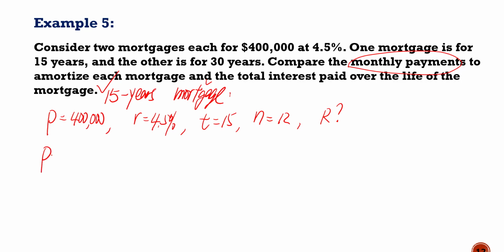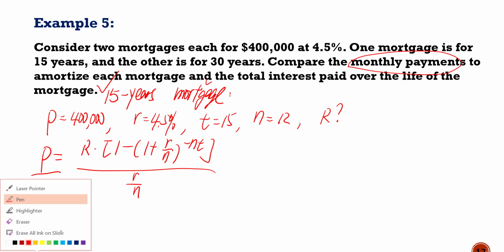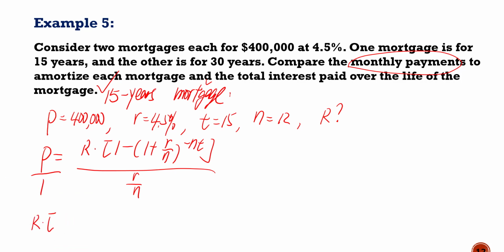So present value of the annuity equals regular payment times 1 minus 1. You can also make a proportion first, and then cross multiply to get R times. So we just work with these variable terms first before we plug in the numbers.